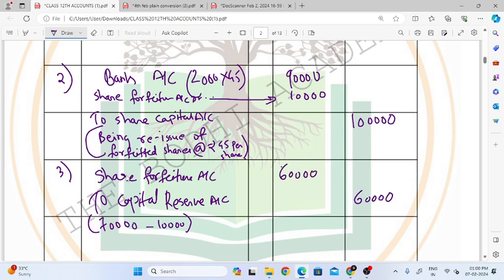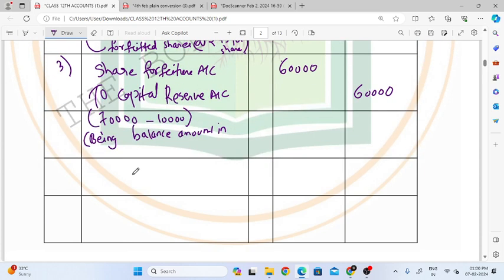We have to write down the narration. Being balance amount in share forfeiture account is transferred to capital reserve account.